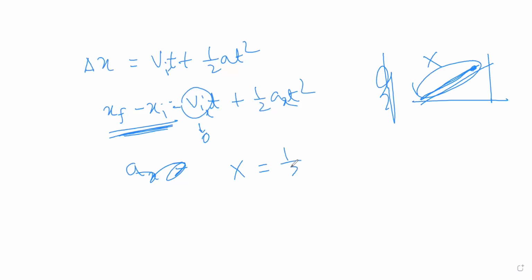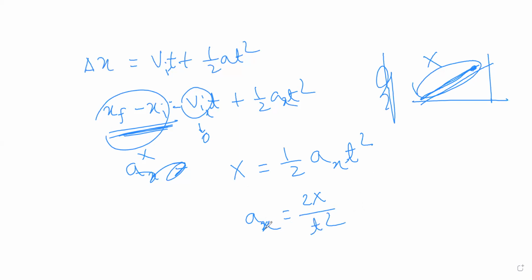So we can write x equal to half ax t square, because this is 0 and this distance is x. So we can write ax equal to 2x, we multiply 2 both sides, 2x divided by t square. So here you can see we find our ax equal to 2x over t square.